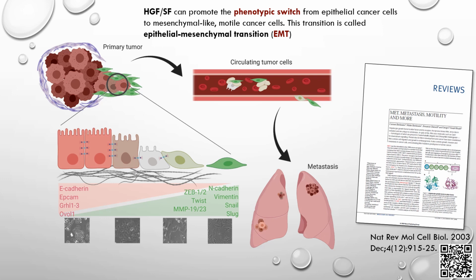There's also the reverse process, in which the cells become less motile and start to stay in place and proliferate there.